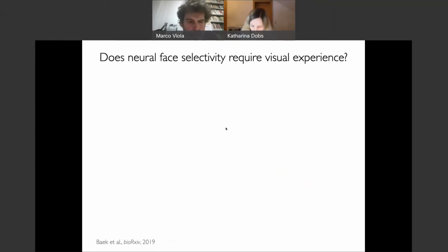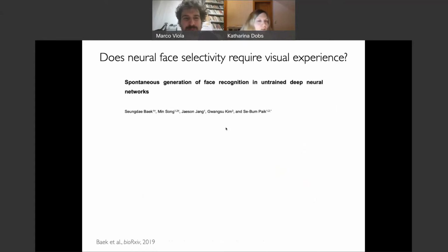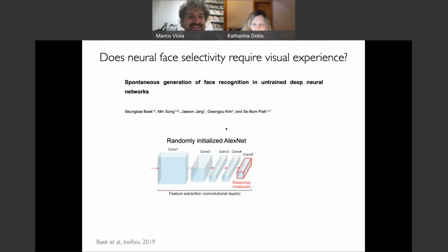I want to quickly mention a paper that was submitted as a preprint on bioRxiv in 2019 by Baek et al. What they found was really puzzling to many people in face perception research. They found a spontaneous generation of face recognition in untrained deep neural networks. What does that mean? They used the AlexNet network that I introduced at the beginning, and it was randomly initialized, right?